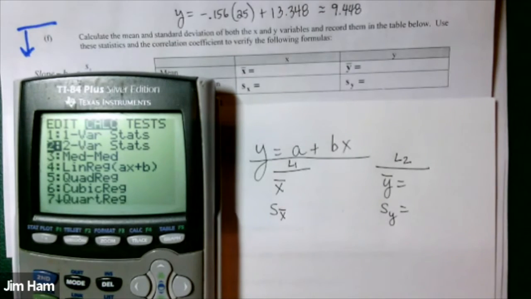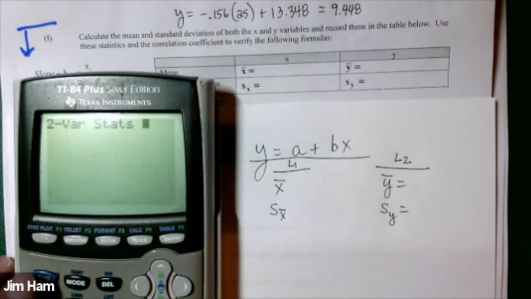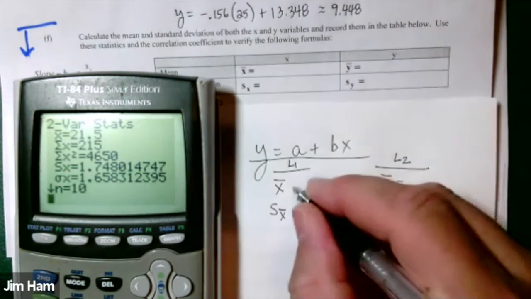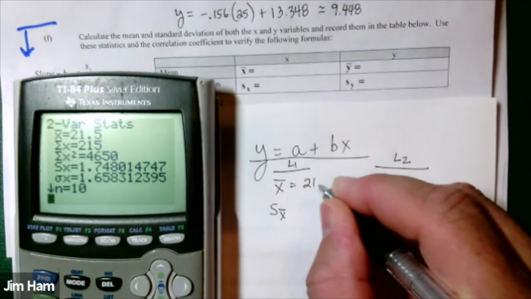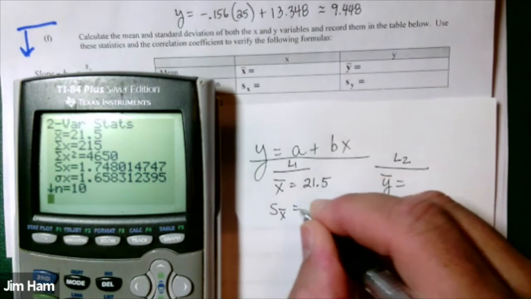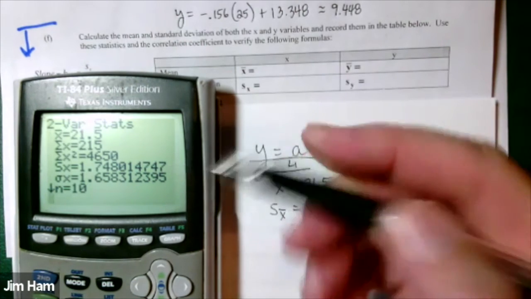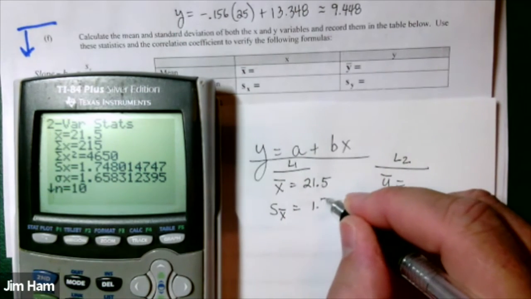I'm just going to go ahead and enter it. And your x list is L1, and your y list is L2. And then hit enter, and it gives you the mean of the x's, 21.5, and then the standard deviation of the x's, going to round to 3 decimal places.